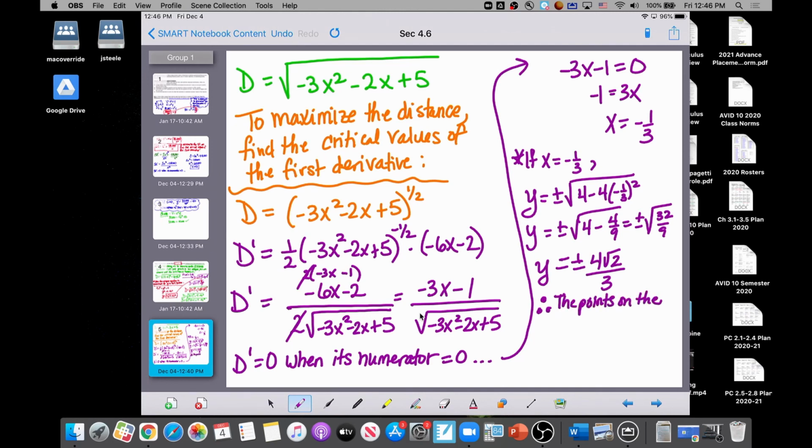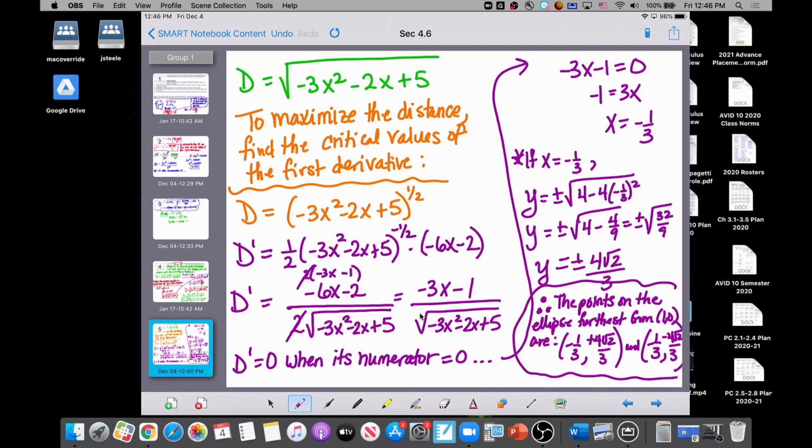Points on the ellipse furthest from 1, 0 are negative 1/3, positive 4 square roots of 2 over 3 and negative 1/3, negative 4 square roots of 2 over 3. Sorry, that's so smushed there. Okay, so there's the answer to our question.